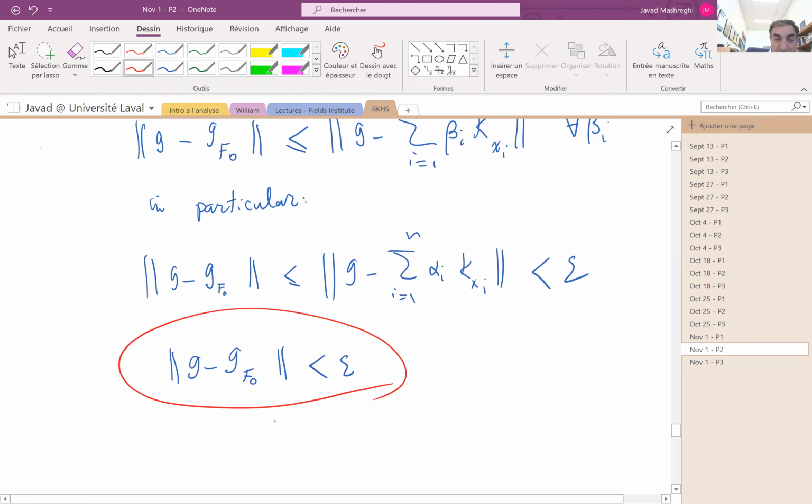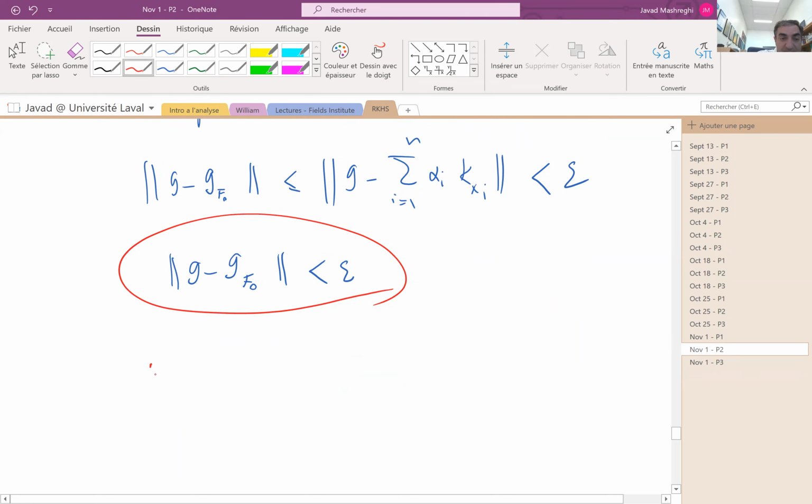For F0. Now what happens if we consider a bigger set? Here, less than or equal means subset.